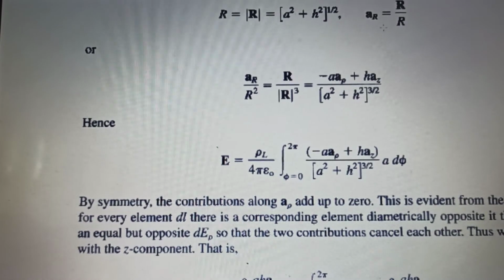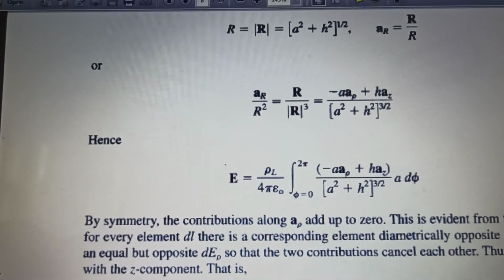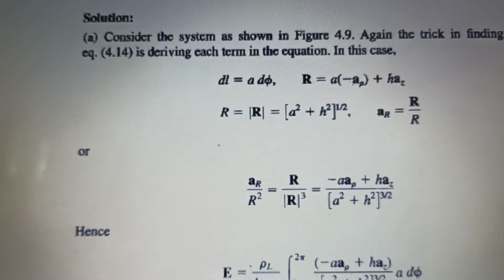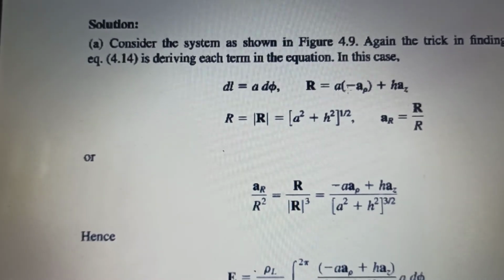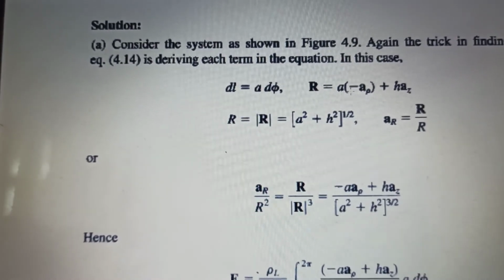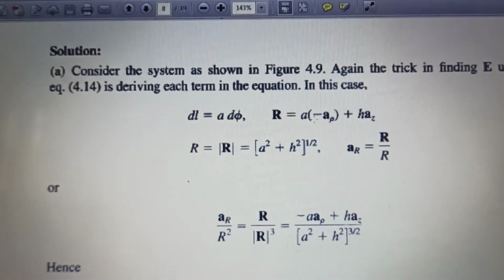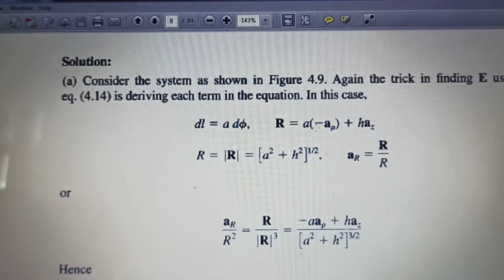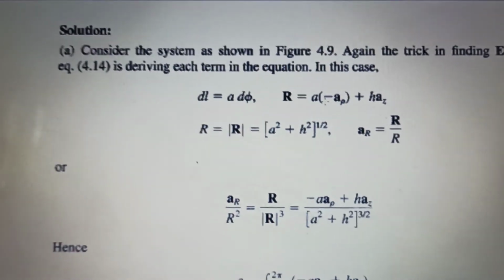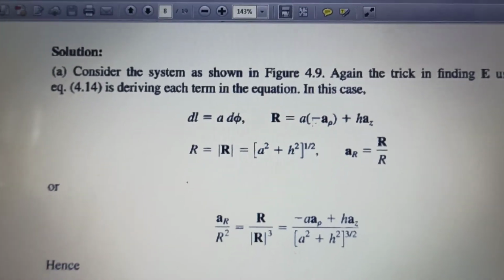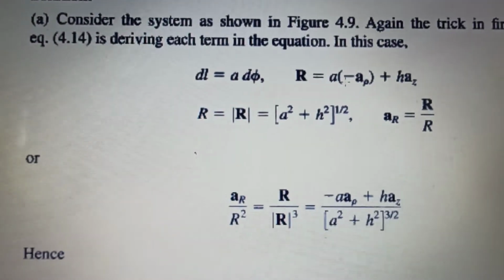Another very important thing is that the value of R can be written in our term, that is cos alpha sin alpha, and in this term also, that is a into minus a rho plus h az. I think it's quite clear, because again we move back to this diagram.